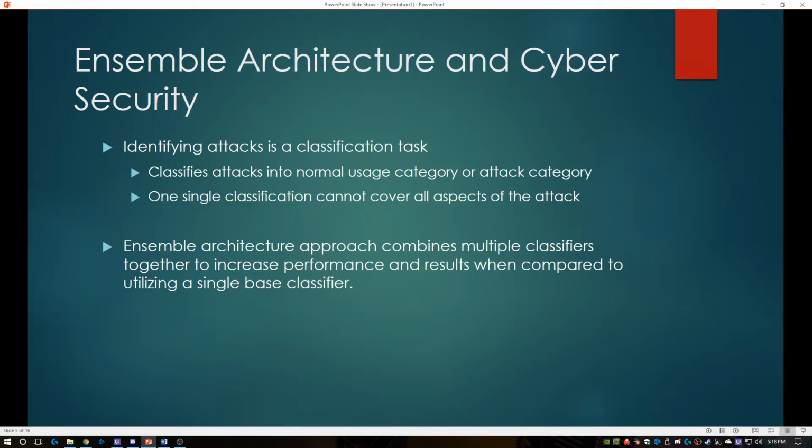There's one major drawback to traditional intrusion detection systems: one single classification method cannot possibly cover all aspects of the cyber attack. The ensemble architecture approach combines multiple classifiers together to increase performance and results when compared to using a single base model.